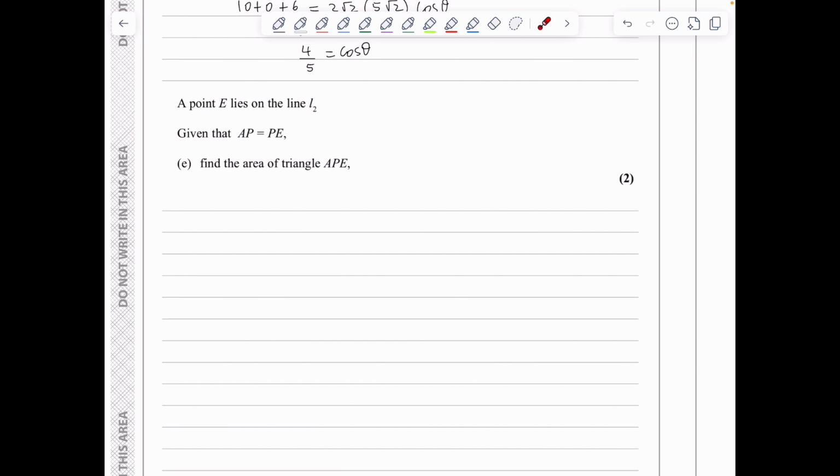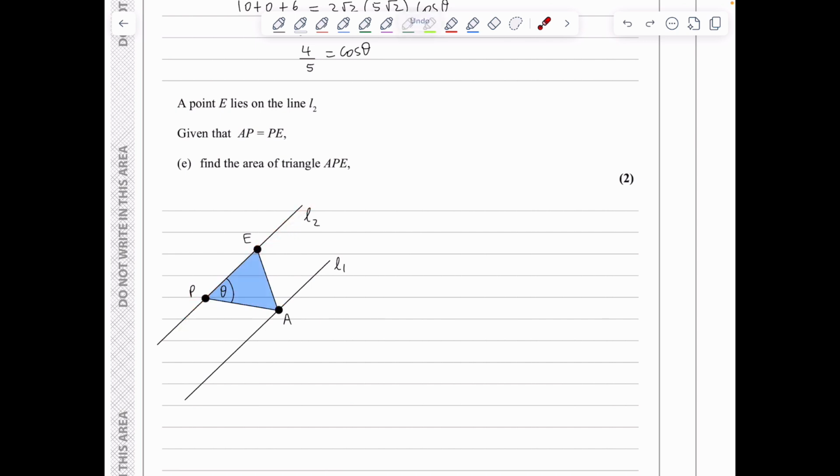Now we are told that there's a point E lying on the line L2. We are told that AP is equal to PE, and we need to find the area of the triangle APE. Well, I will start by drawing the two lines, which we know are parallel. We've got the point P on L2, the point A on L1, and a point E somewhere on L2, and we know that the angle theta is the angle between L2 and AP.